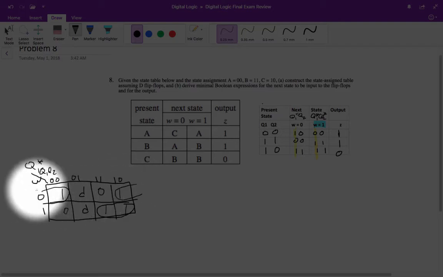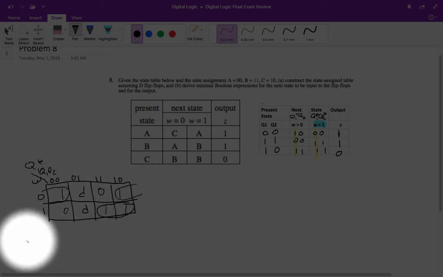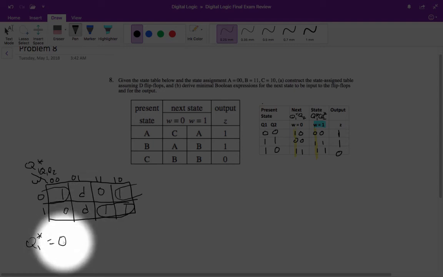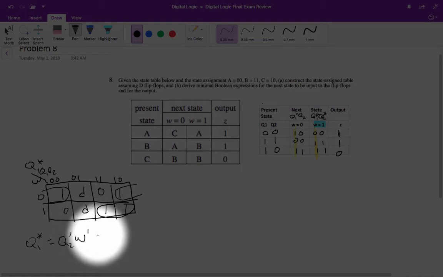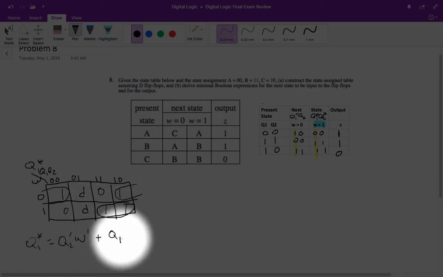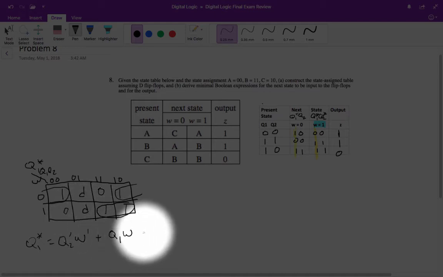In this first group, Q2 is always 0, so Q2 prime, and W is 0, so W prime. Or Q1 is 1, so Q1, and W is 1. So Q1 star is Q2 prime W prime plus Q1 W.